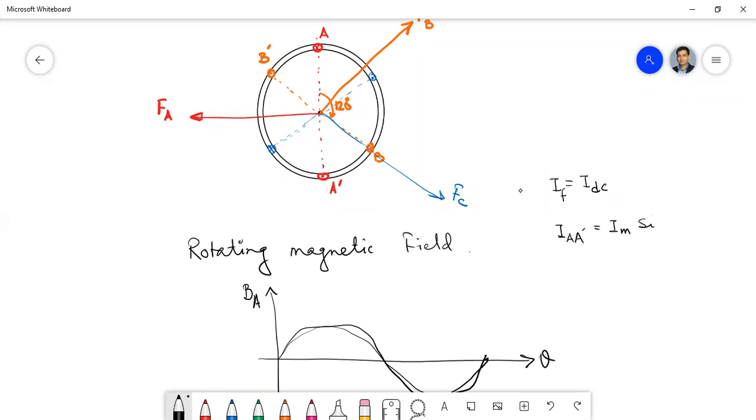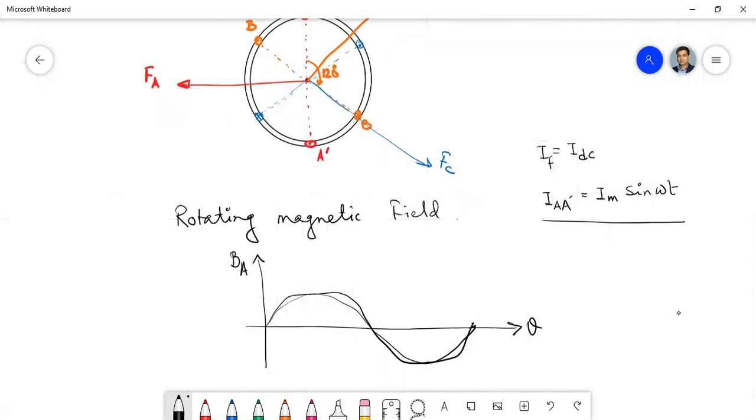This is a sinusoidal or alternating current. So if the current is alternating current, then can you tell me, though this was the distribution for constant current, if I apply a sinusoidally varying current, what will be the distribution? Will there be a change in this distribution?